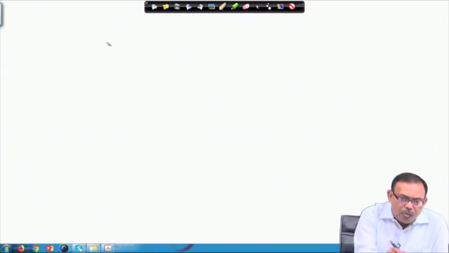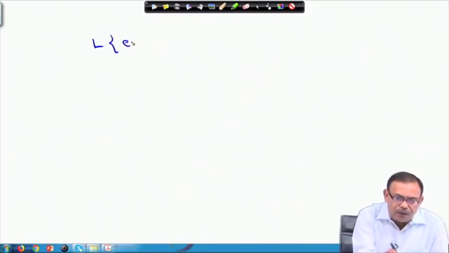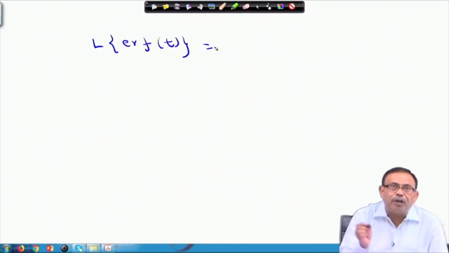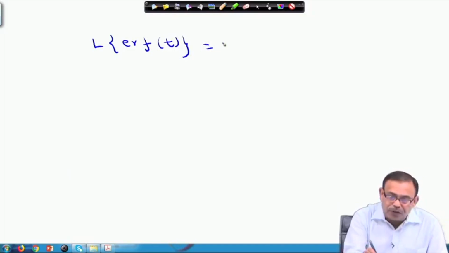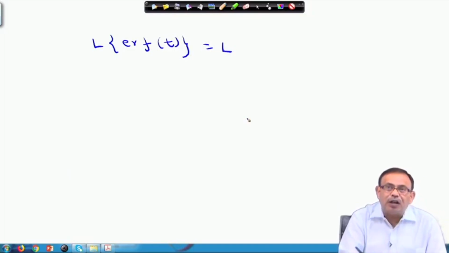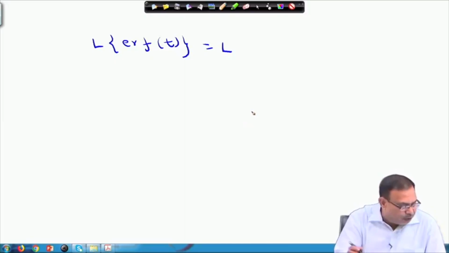Now, what is the Laplace transform of the error function of t? Please note that this error function and some more functions are very useful for solving various kinds of engineering problems also.